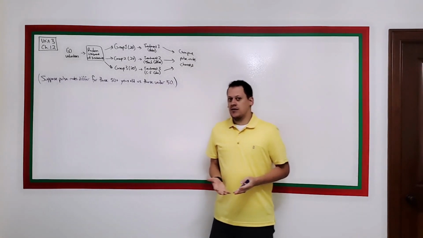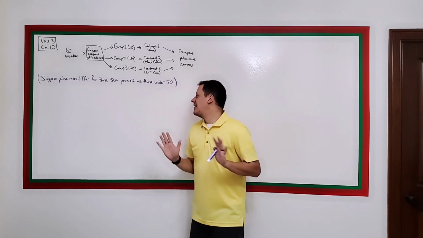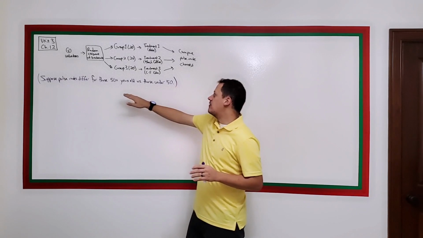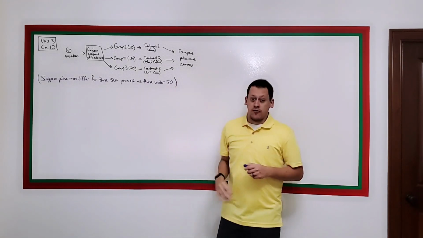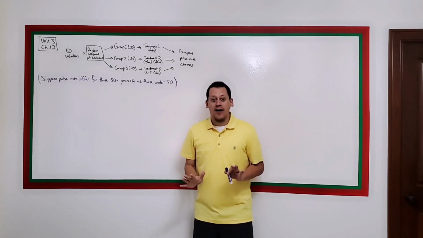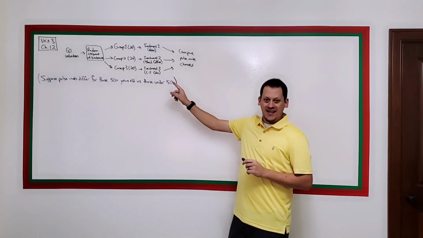But let's suppose, and I don't know if this is true, so hopefully I don't get skewered in reality here, but suppose that pulse rates differ for those at least 50 years old versus those under 50. Again, I'm not saying that's actually the case, but that kind of throws a wrench into what we've got here.